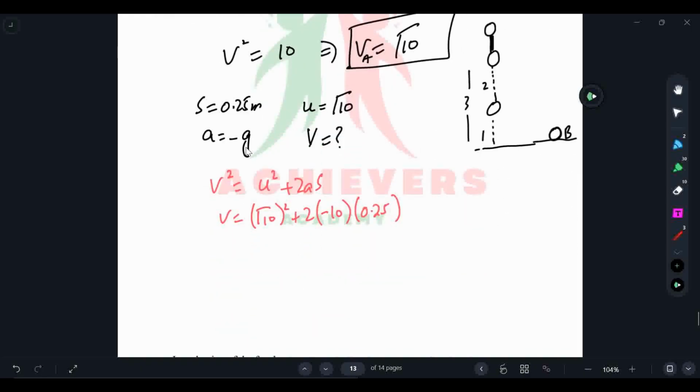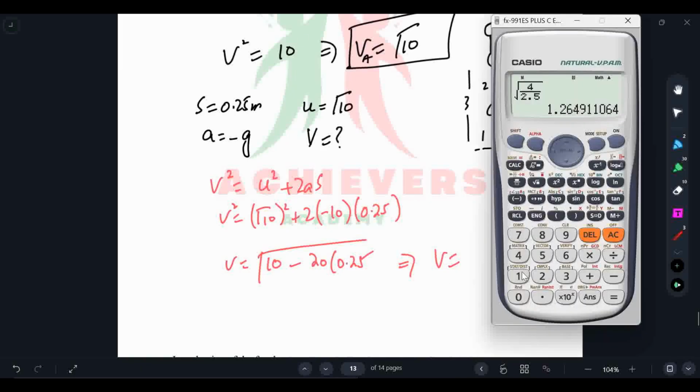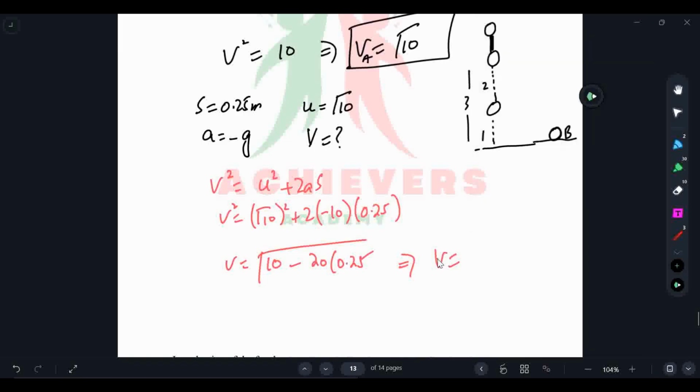This is 10 minus 2 into 10, 20 into 0.25, whole square root. Let me calculate: 10 minus 20 into 0.25 is equal to 5. So v is equal to square root of 5 meters per second.